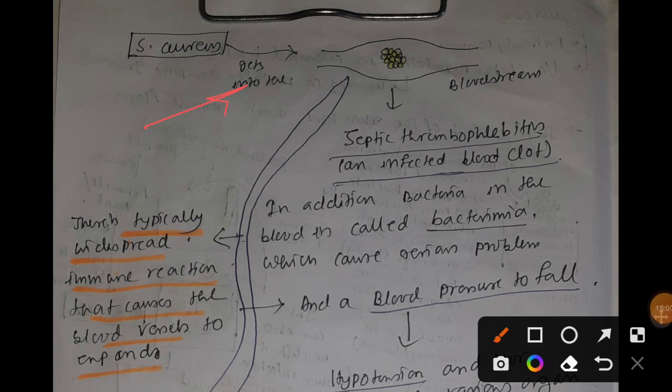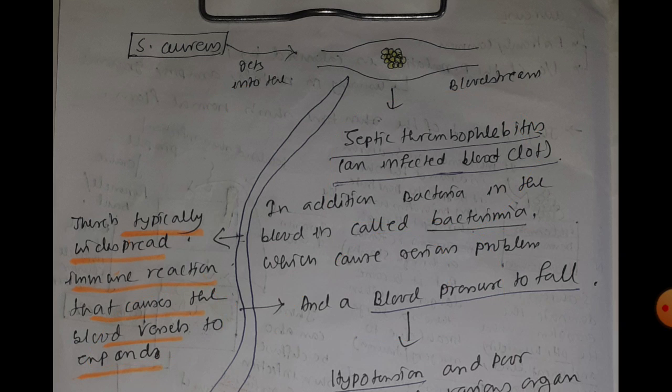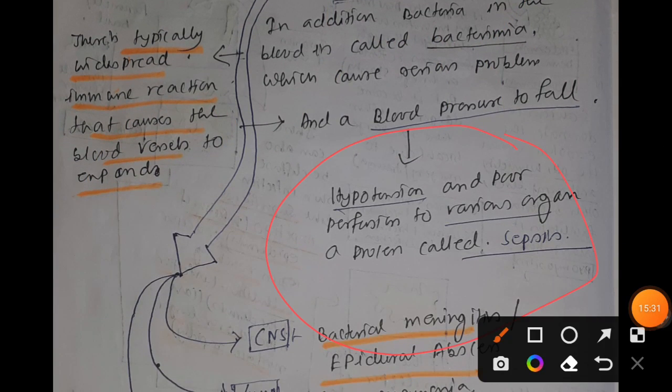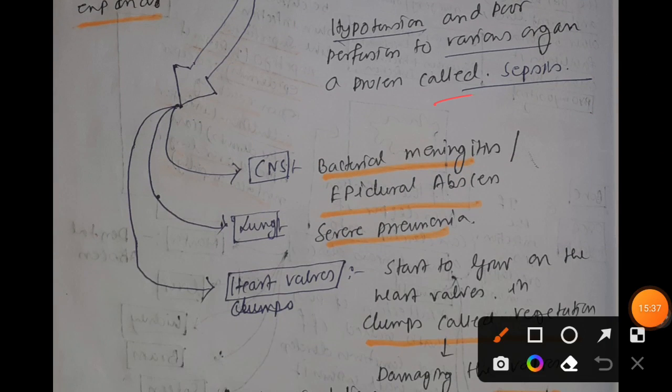You know that Staphylococcus aureus, after entering the bloodstream, will cause septic thrombophlebitis and an infected blood clot. After that, as bacteria are now in the bloodstream, it will establish the bacteremia condition, which causes severe problems because it stimulates a widespread immune reaction. This causes blood vessels to expand and blood pressure to fall, and also hypotension and poor perfusion of various organs, a process called sepsis.